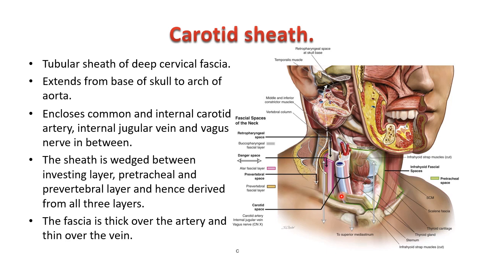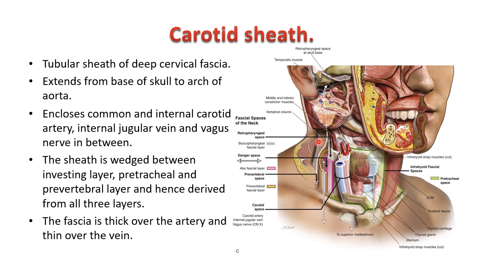The cervical sympathetic chain is behind this carotid sheath but in front of the prevertebral fascia. So it is not present deep to the prevertebral fascia, as in the case of the trunks of the brachial plexus, which are present deep to the prevertebral fascia.